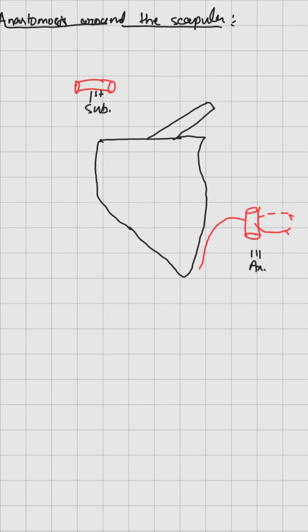This is the posterior circumflex humeral artery, this is the anterior circumflex humeral artery, and this is the subscapular artery. Subclavian artery will be covered in head and neck part. For now, let us talk about the branches of the first part of the subclavian artery.